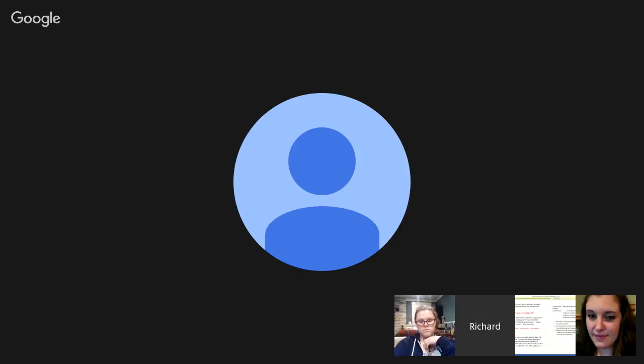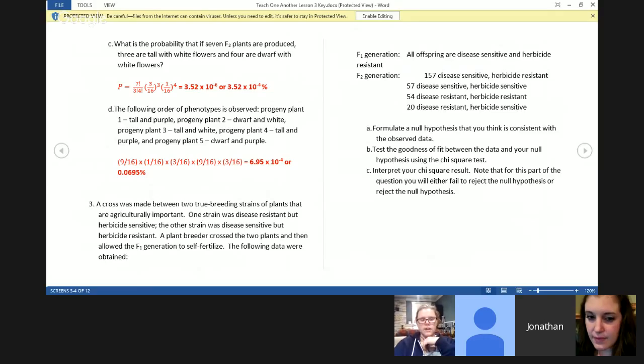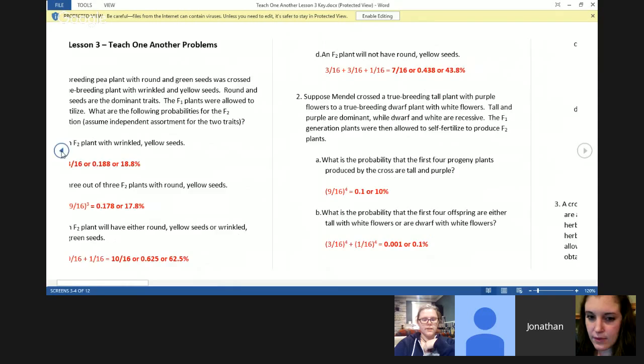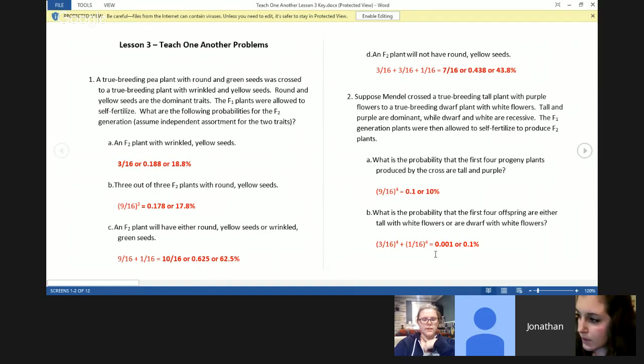So 3 out of 16 is the probability of being tall and white, and the probability of being short and white is 1 out of 16. So that should give us 4 out of 16.